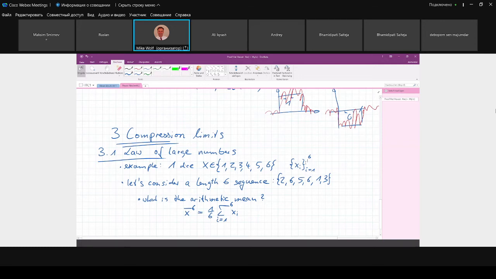And if I do this for this example, what do I get? I get the sum of all these values. So 1 by 6 times 2 plus 6 plus 5 plus 6 plus 1 plus 3. Let's calculate this. This is 4, the last two. This is 10, 15, 21, 23, if I'm not wrong.